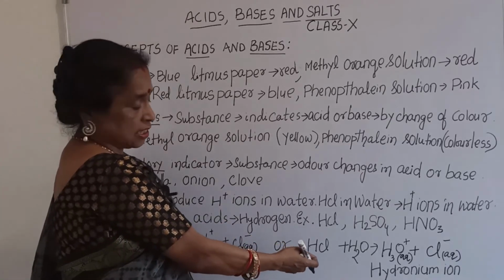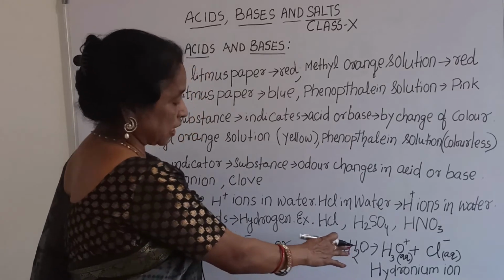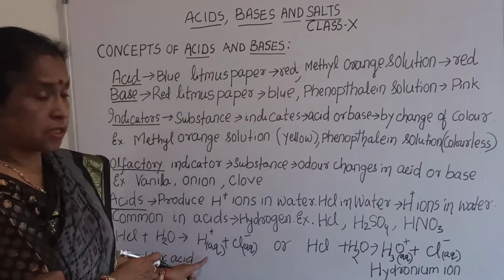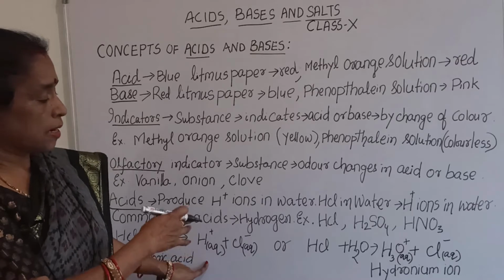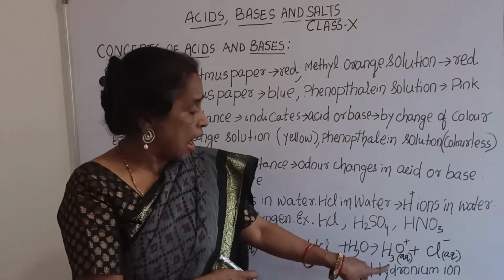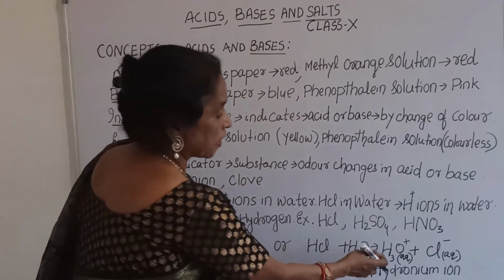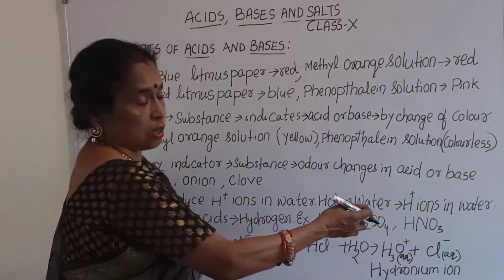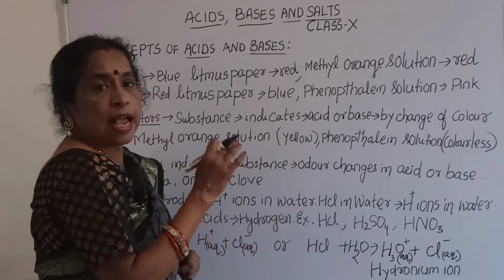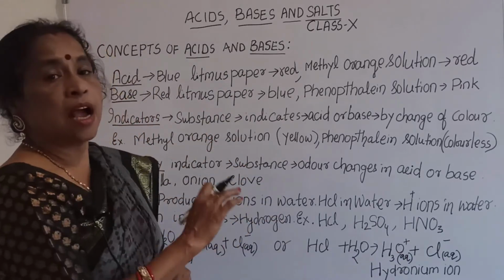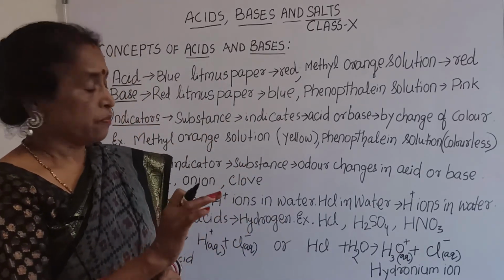Similarly, here you can see the reaction HCl plus water. This is H plus aq, that is hydrogen ion, but nowadays it is known as hydronium ion. Instead of H plus, we can write H3O plus aq, Cl minus aq. H3O plus is known as hydronium ion.